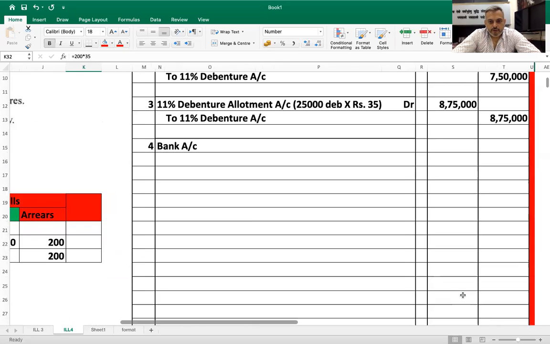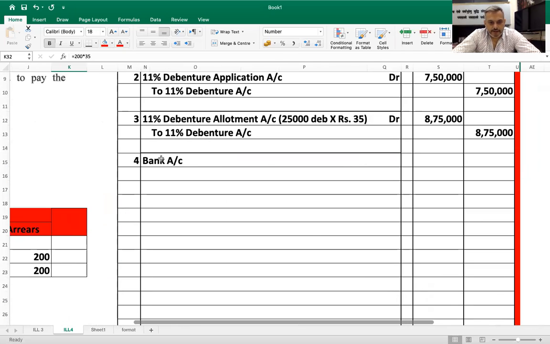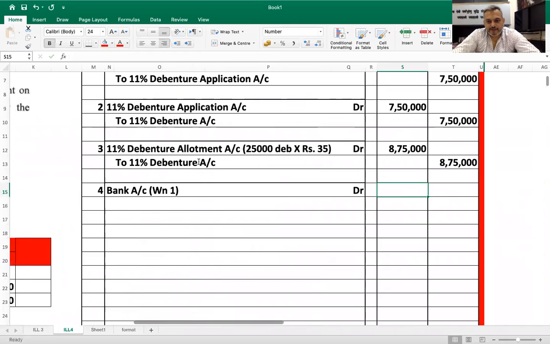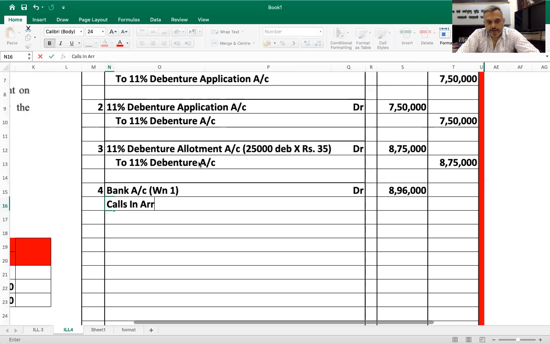Now let's go to the entry: bank account debit. Write working note 1. How much amount we received? 8,96,000. Then calls in arrears account debit.